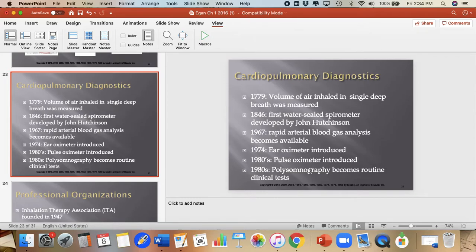And then we've got these pulse oximeters that I talked about, and then polysomnography is a sleep study. Those are pretty common these days, most often for people with obstructive sleep apnea. But there are other types of apneas as well. You've got central sleep apnea. There's all kinds of branches off of this polysomnography that help people have a better quality of life.